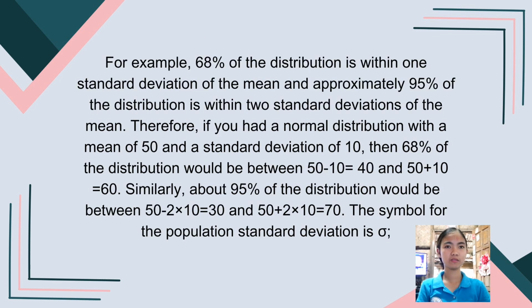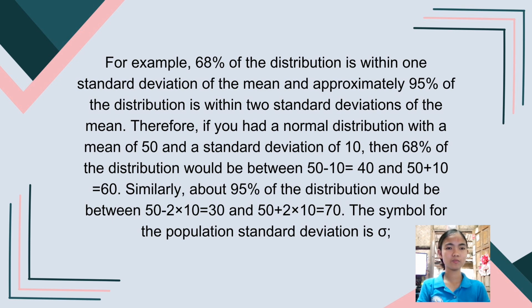For example, 68% of the distribution is within one standard deviation of the mean and approximately 95% of the distribution is within two standard deviations of the mean. Therefore, if you had a normal distribution with a mean of 50 and a standard deviation of 10, then 68% of the distribution would be between 50 minus 10 equals 40 and 50 plus 10 equals 60.